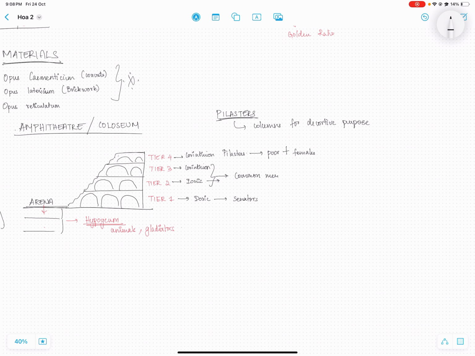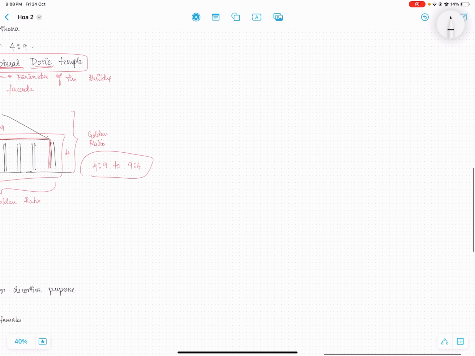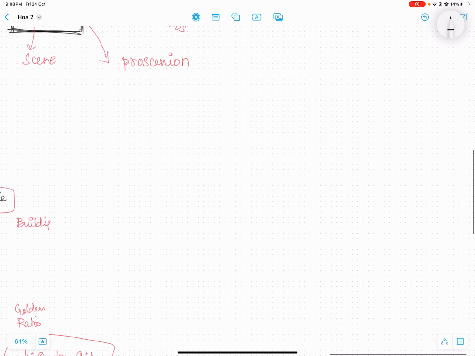Then we have the Great Bath. These were also called thermae.